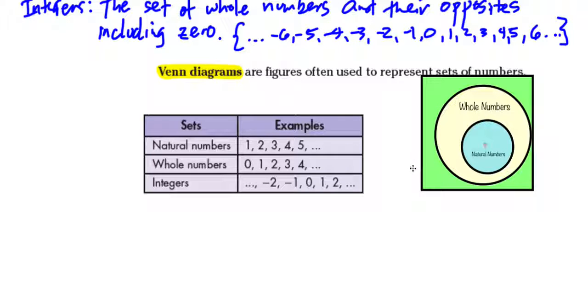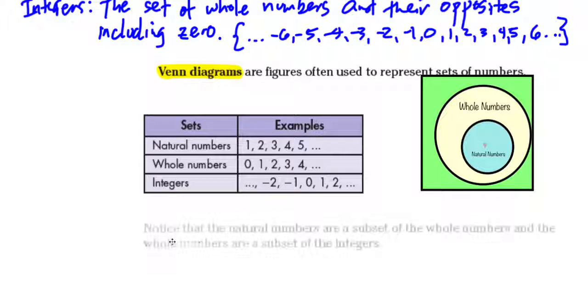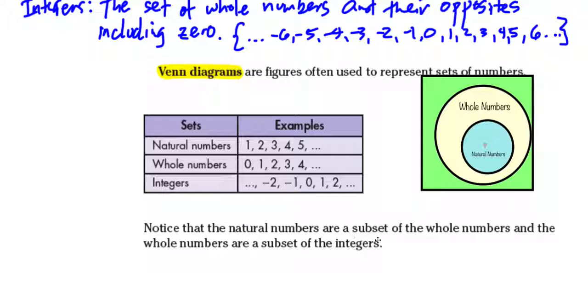So if you notice, natural numbers are a subset of whole numbers, and whole numbers are a subset of integers. Subset meaning it's included in a bigger set.